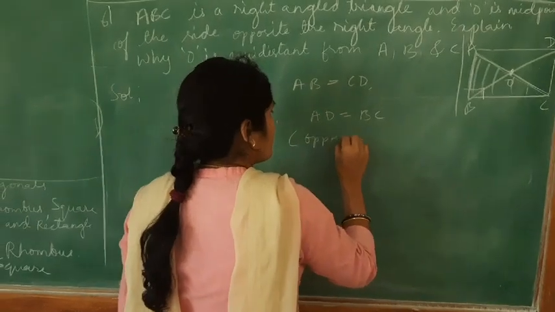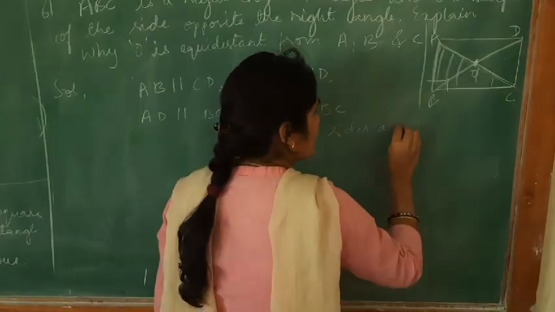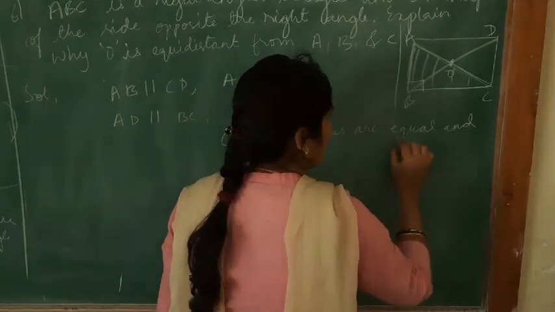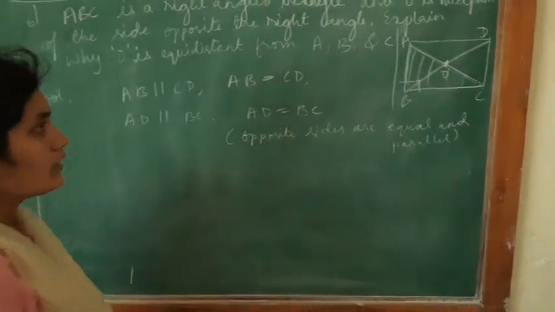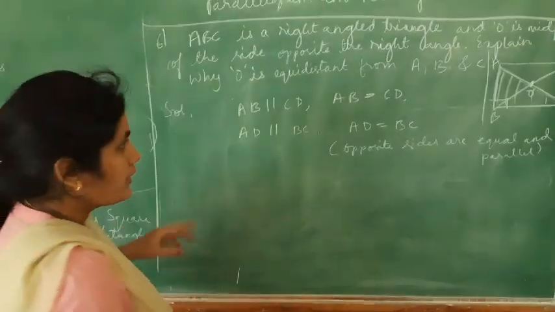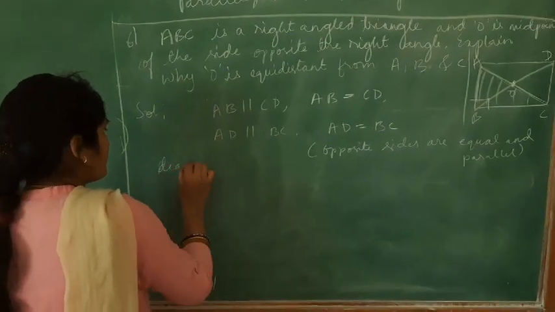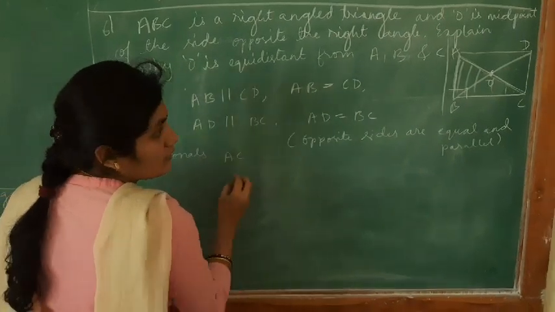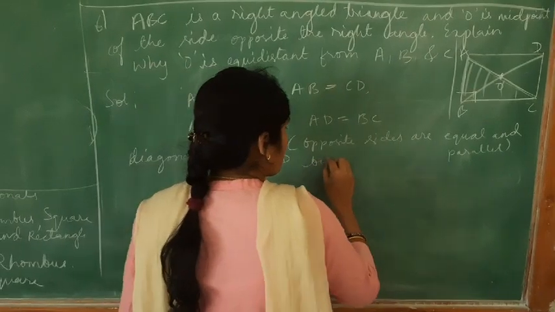Opposite sides are equal and parallel. Now the diagonals AC and BD bisect each other.